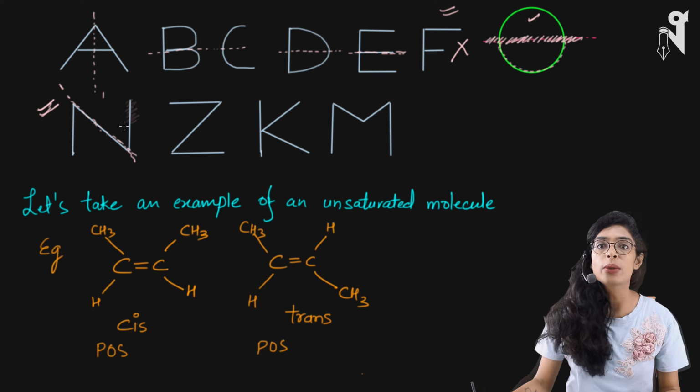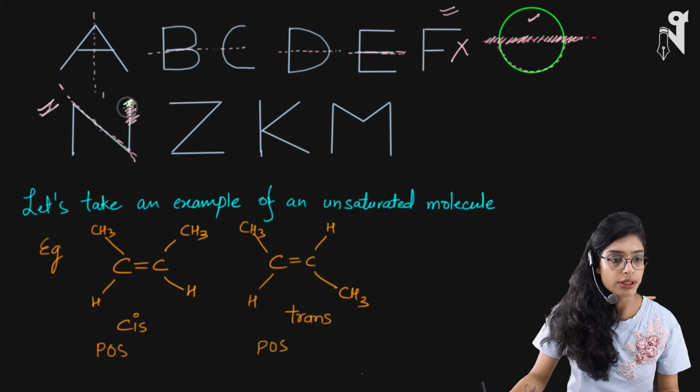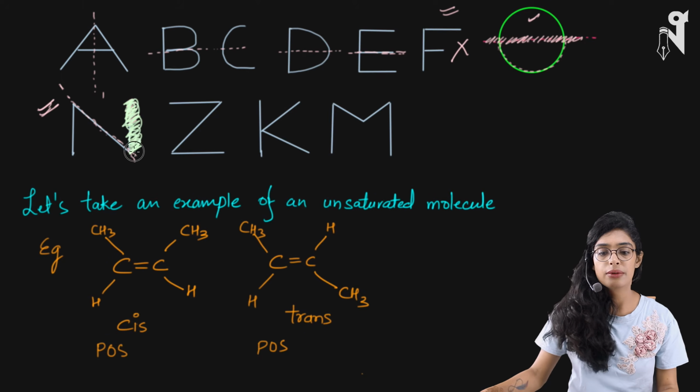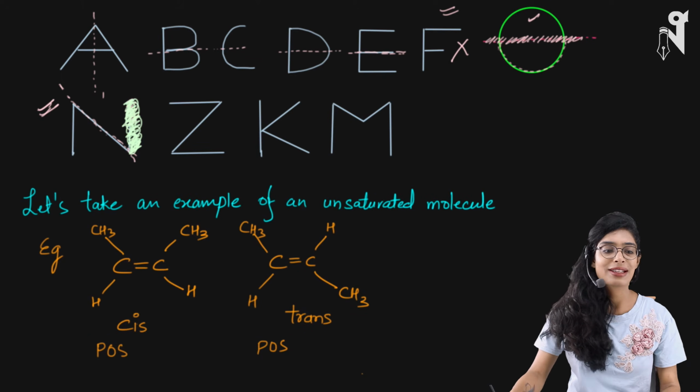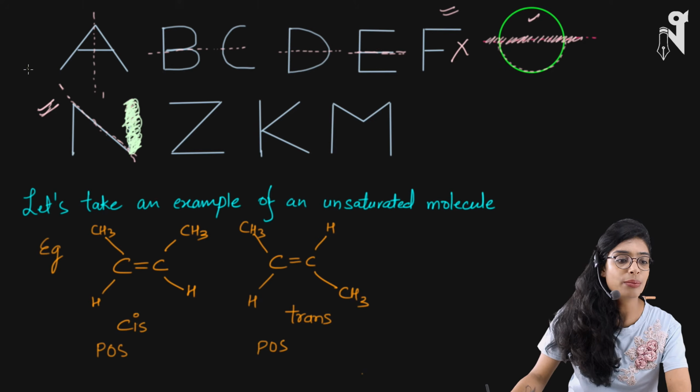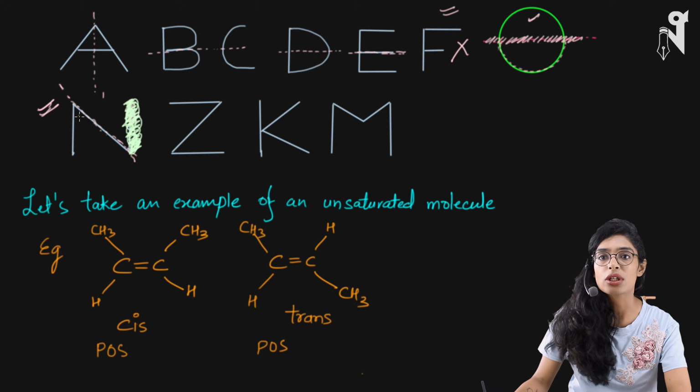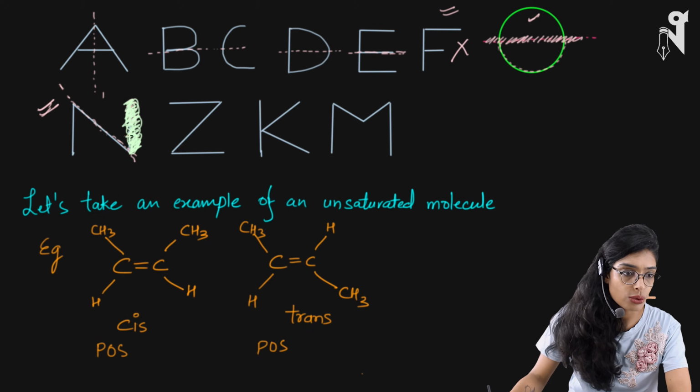Okay, so let's do one thing. Let's completely ignore this. Now we don't know what is here. I'll rub it off in 2 minutes, by the way. So now try to make the mirror image and see whether it is matching with the other half or not. So here, this is the point. Let me just put some points. This is the point. Let me try to make the mirror image of this.